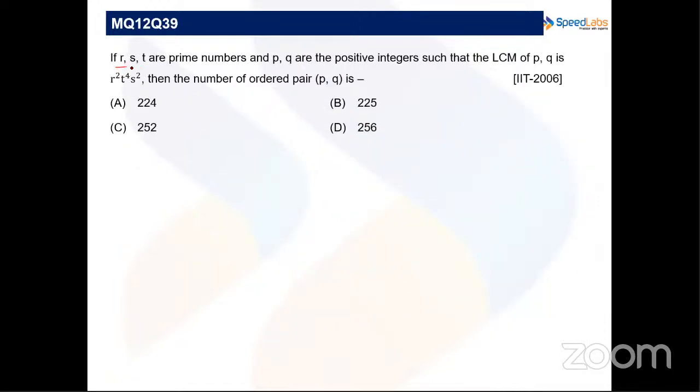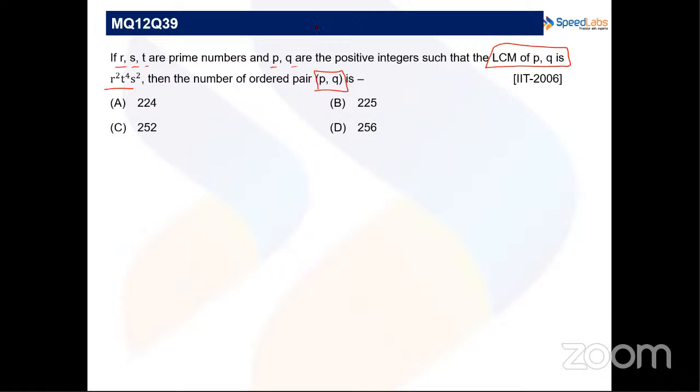We are given if R, S, T are prime numbers and P and Q are the positive integers such that the LCM of PQ is R square T to the power 4 and S square, then the number of ordered pairs P and Q is. Anyone?